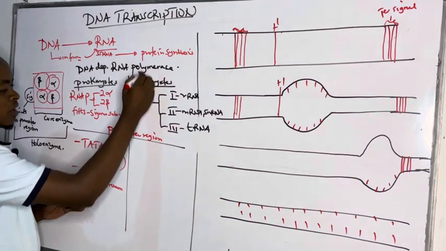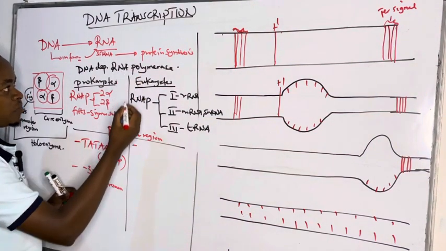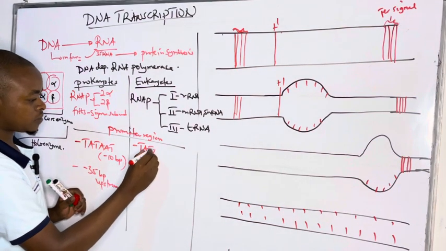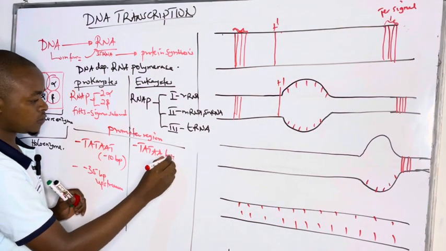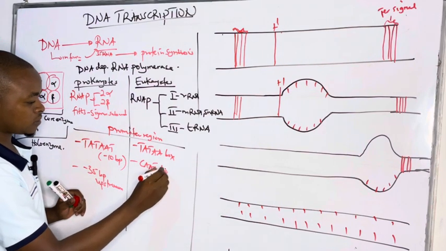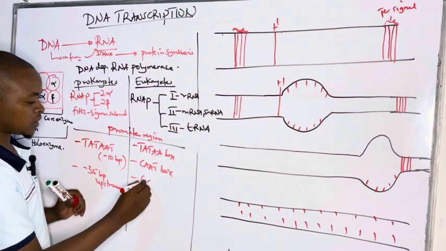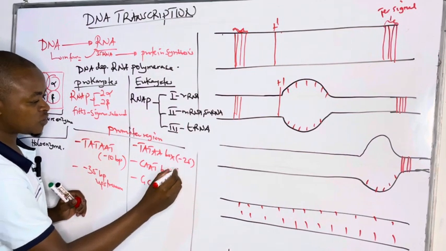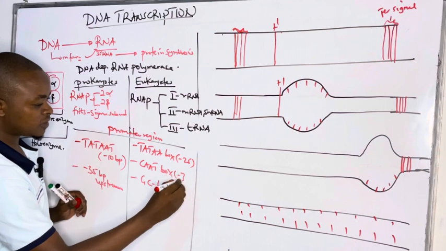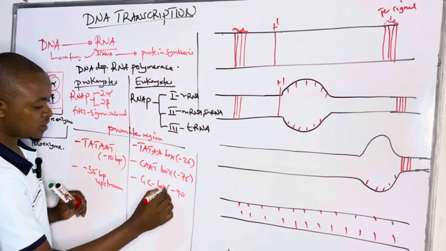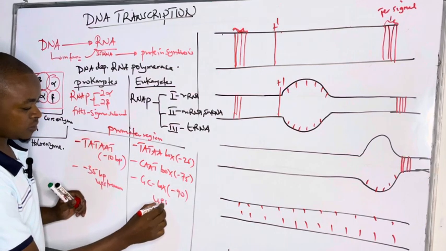Then in eukaryotes, we find the promoter region as the TATA box, the CAT box, and the GC box, whereby the TATA box is at -25 upstream, the CAT box at -75 upstream base pairs, and the GC box at -90 upstream.